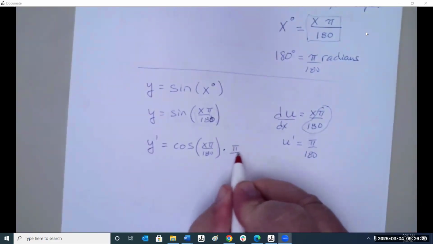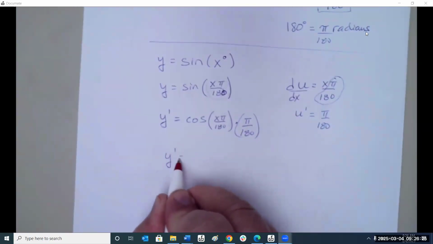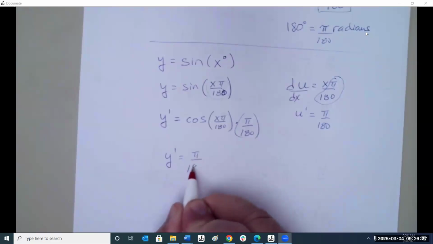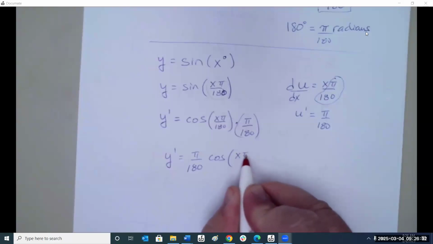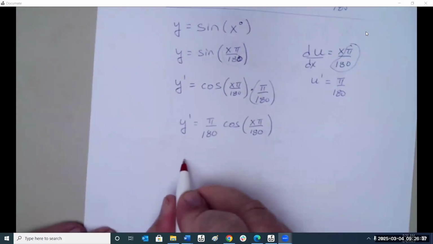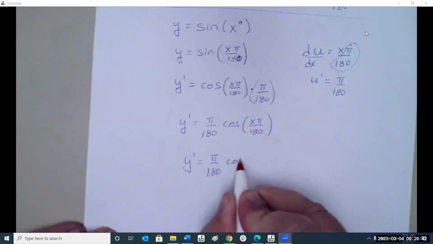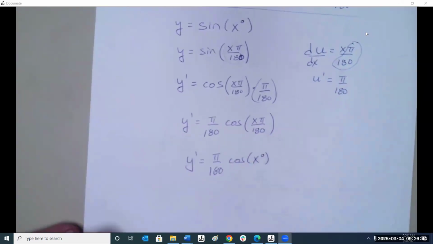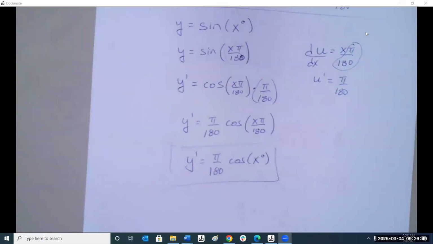So the derivative would be pi over 180 times cosine of x pi over 180, which means our derivative is pi over 180 cosine of x degrees. This is how we would do the degree conversion.